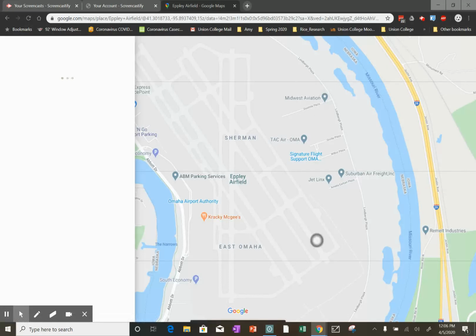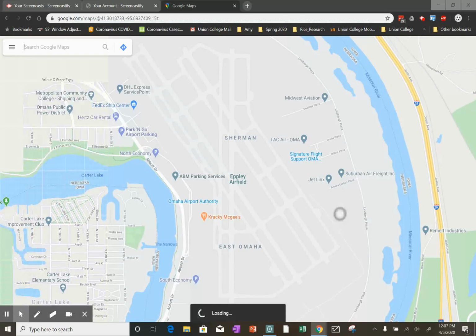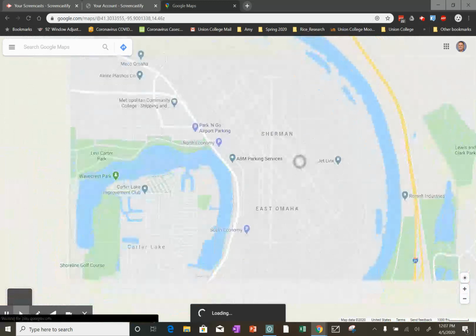So if we look at the map here of Eppley Airfield, as it slowly responds, it's loading, as you can see. Come on. I just want to shrink this a little bit. We can now see Carter Lake. All right, finally it responds to me.